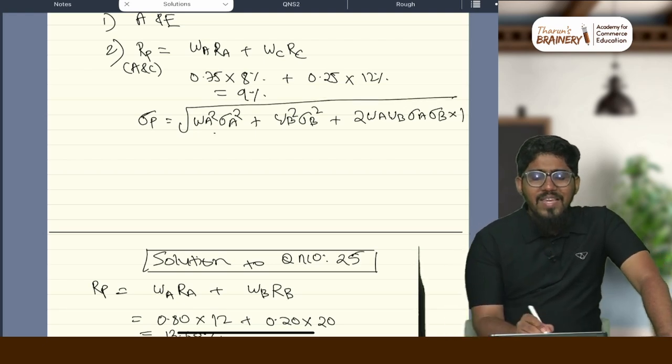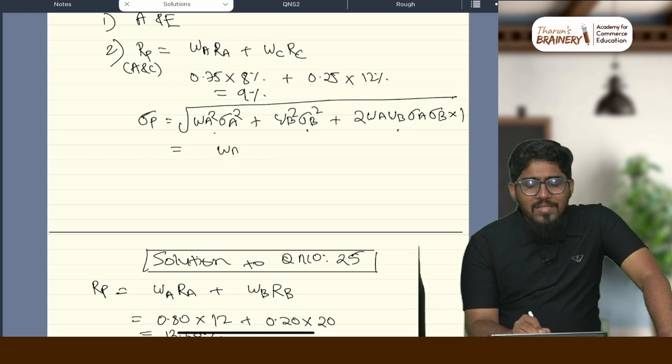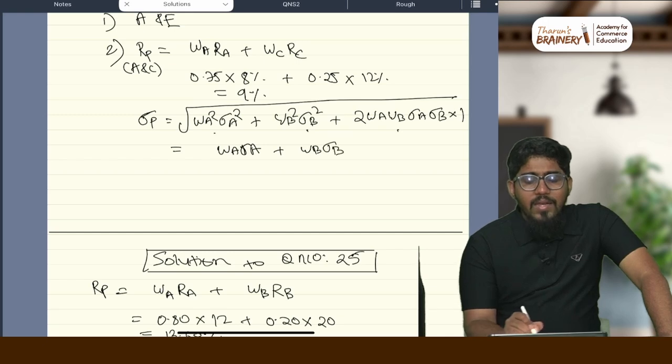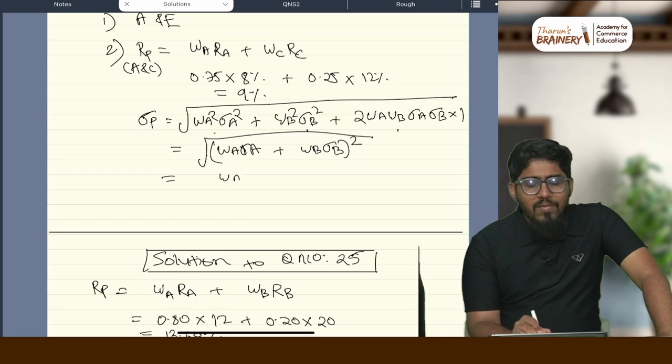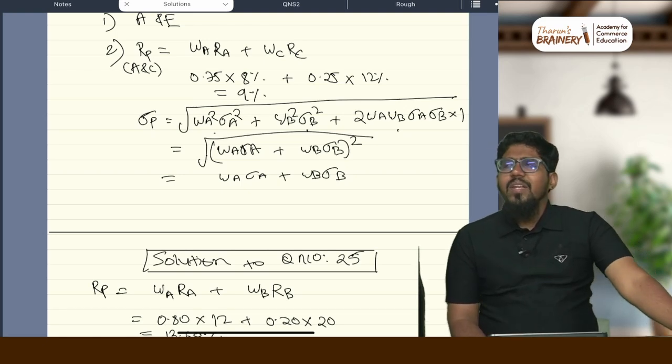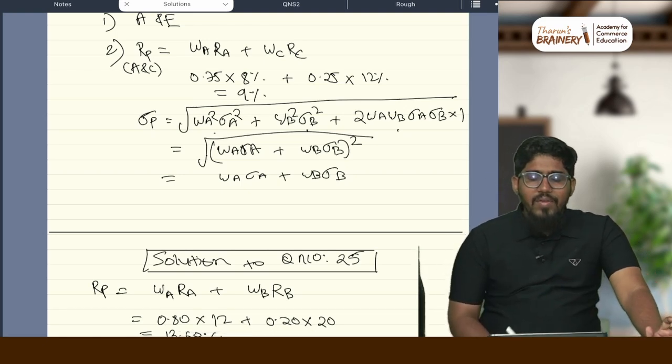Now you see this is A square plus B square plus 2AB. So I can also write it as weight A into standard deviation of A plus weight B into standard deviation of B, the whole square and root. So it will be cancelled. So I will get weight A into standard deviation of A plus weight B into standard deviation of B. So whenever it is perfectly correlated, it is nothing but weighted average.